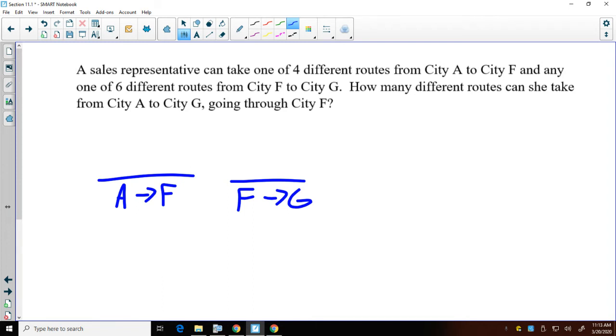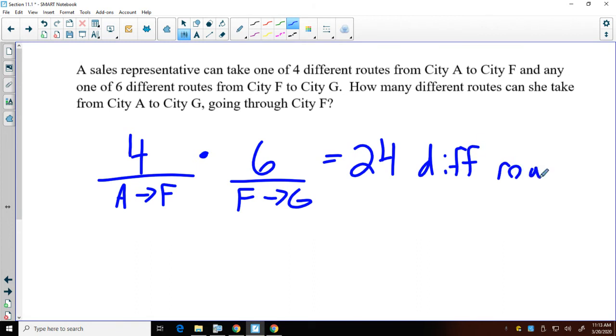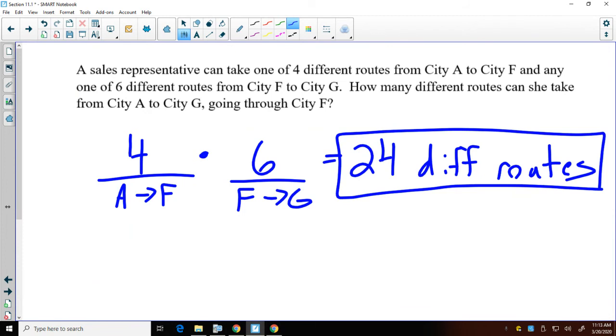How many ways can she get from A to F? There are 4. How many different choices does she have for F to G? There are 6. All you got to do is multiply those together, and you get 24 different routes. Okay?